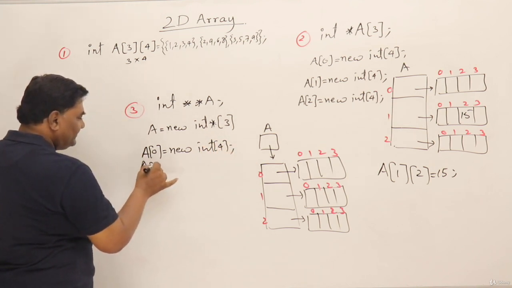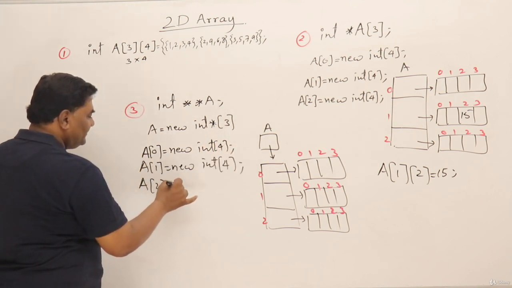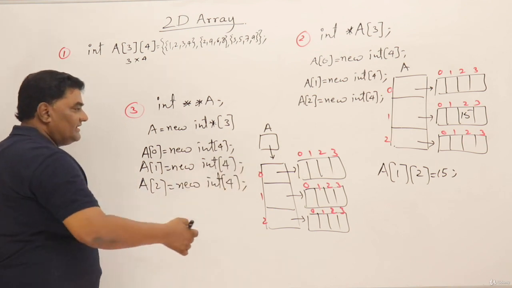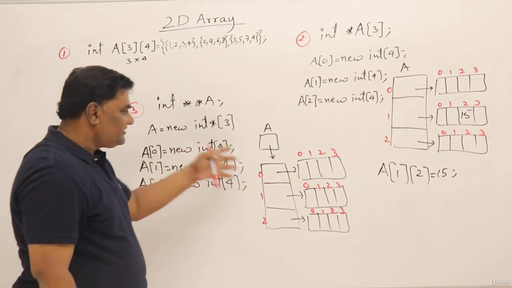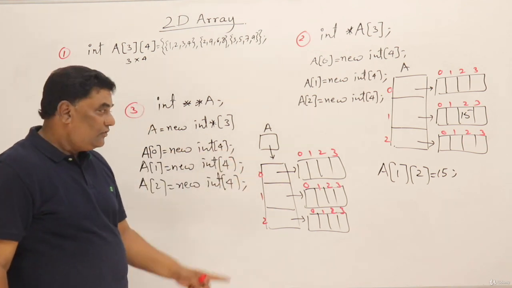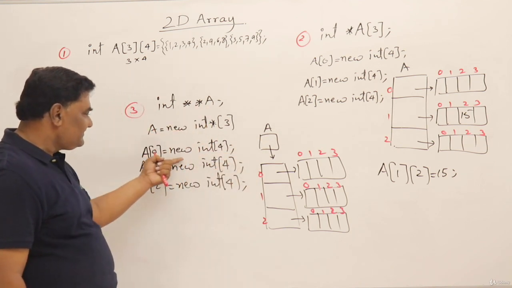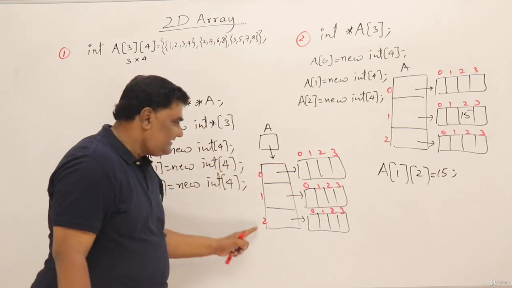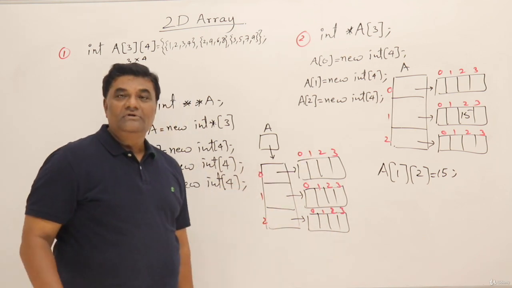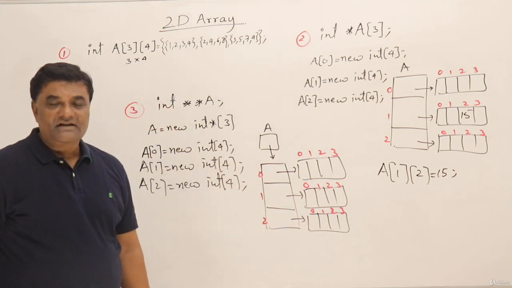Then a of 1, a of 2 = new. So that's all. The entire structure is in heap now. Only this double pointer is inside the stack, because this is new, this is new, this is new. This is created with new and all three are created with new. Everything is in heap. So that's all.